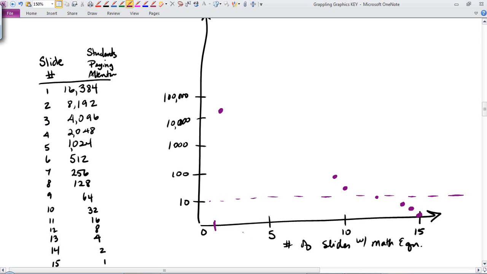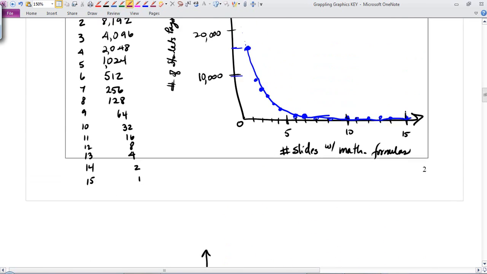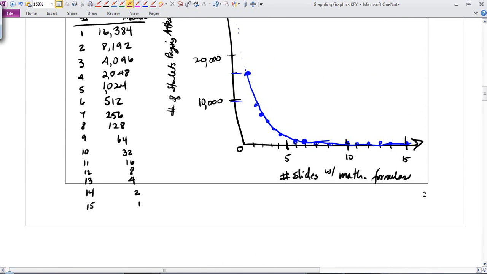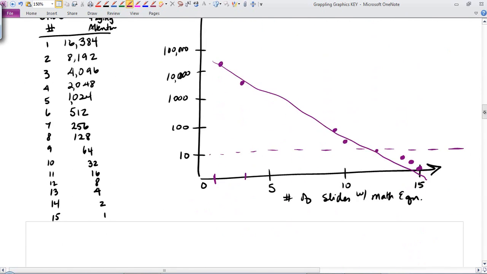Let's get the 3. 3, I had 4,000. So about right here maybe. So you can see that essentially, if I could draw better, this is shaping up to be somewhat linear. So it's the difference between stacking them all up and having a curve and not being able to separate the points as it is to put it together this way.